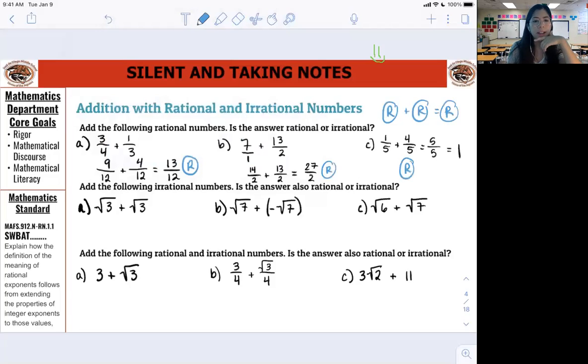Cool. Well, now let's see what happens when you add an irrational number with another irrational number. So starting with A, this is a little weird. The square root of 3 plus the square root of 3. Does anyone know what that would give me?